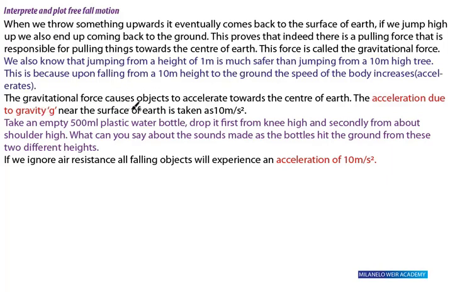The gravitational force causes objects to accelerate towards the center of Earth. The acceleration due to gravity is denoted g. Near the surface of Earth it is taken as 10 meters per second squared. This is the value of the gravitational acceleration that we are going to be using in our calculations, right?